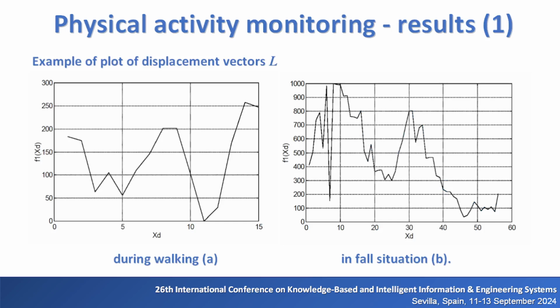This slide presents a plot of displacement vectors from the L matrix during walking on the left, and in the fall situation on the right. It could be noticed that the walking situation contains far fewer changes in the plot, and the fall situation contains very high value of changes in the signal.